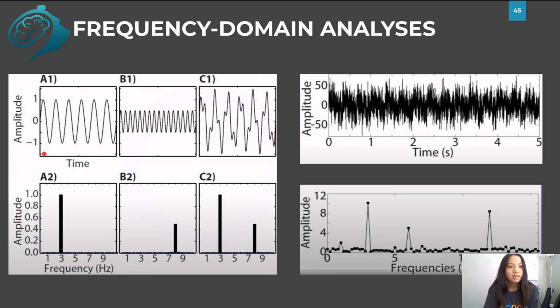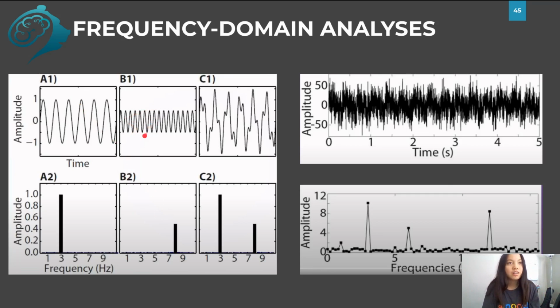You can see that the signal has 3 peaks per second, so this is 3 Hertz, as shown here at the bottom for the amplitude versus frequency plot. And so figure A2 is the representation of the signal in figure A1, and figure B2 is the representation of the signal in figure B1, and so forth.